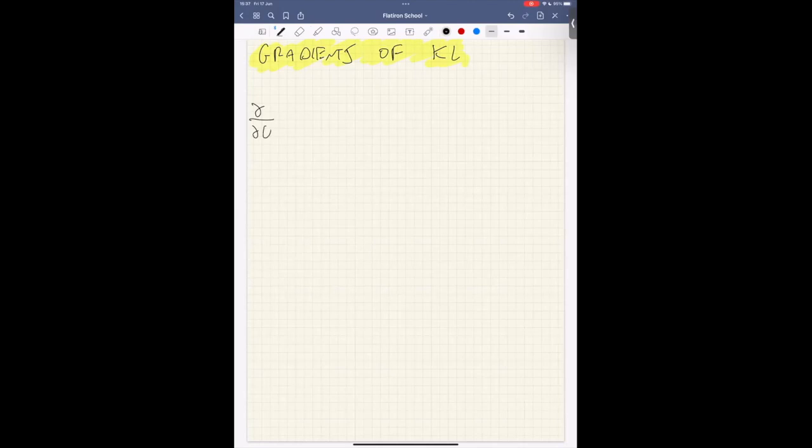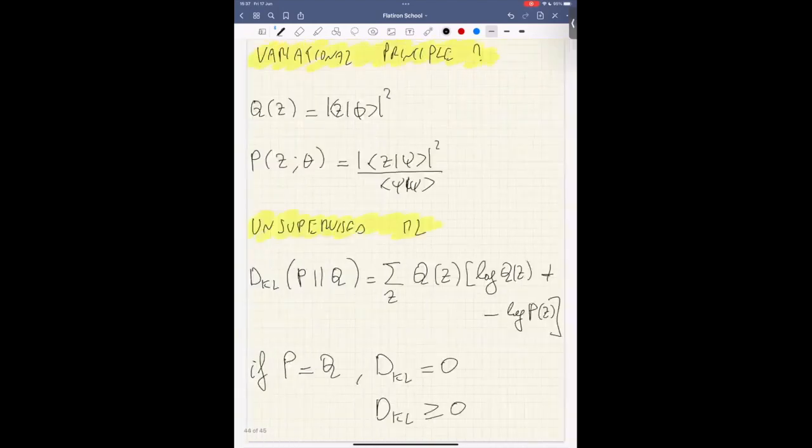So let's say the derivative with respect to parameter theta L of this DKL, this distance that depends on the parameters theta. You can show that this is equal to the difference of two contributions. The first contribution is the gradient with respect to theta L of the logarithm of the unknown.